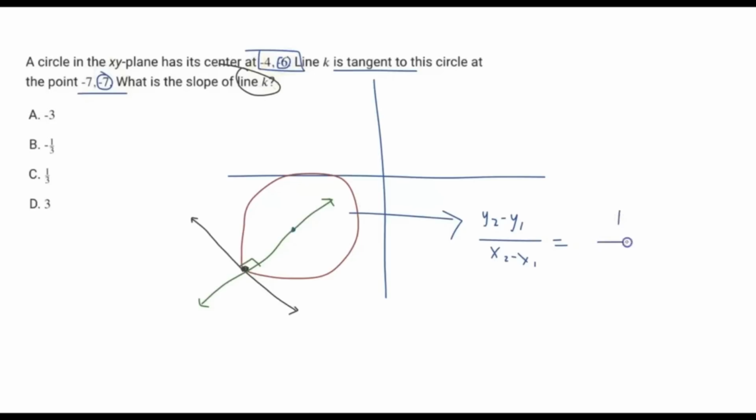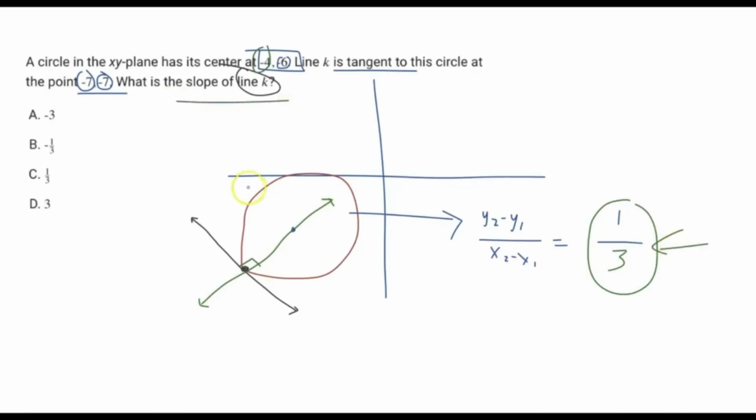So +1 on top. Now the change in x, we're going from -7 to -4. That's an increase of +3. And so we know the slope of this line is 1/3, which makes sense because if you look at the diagram, it is positive. It's going to be positively linear, and therefore a positive slope as 1/3 makes sense.